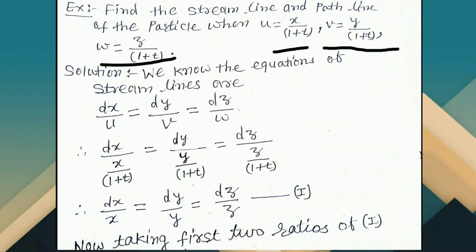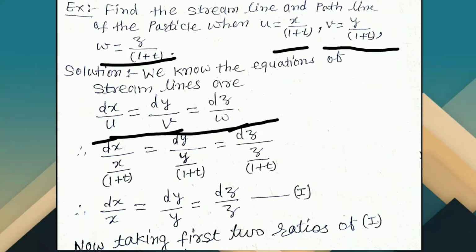We know the equations of streamlines are dx upon u is equal to dy upon v is equal to dz upon w. So we have given u is equal to x upon 1 plus t, v is equal to y upon 1 plus t, and w is equal to z upon 1 plus t. So put these values in place of u, v, and w. So what do we get?